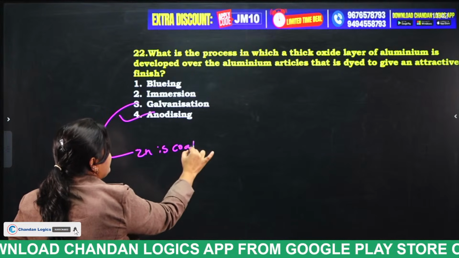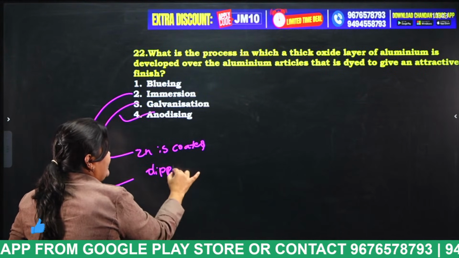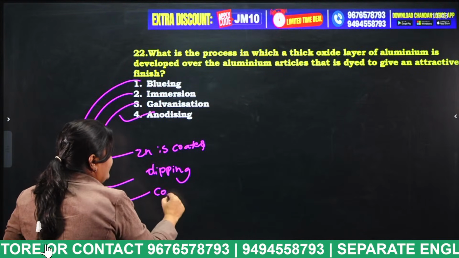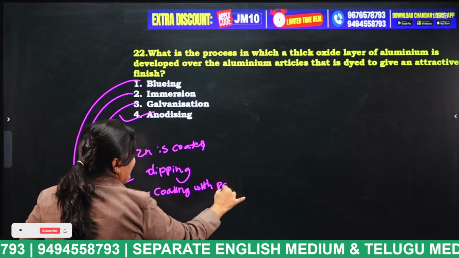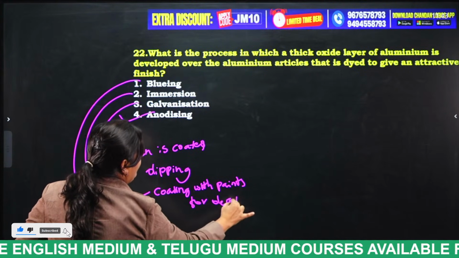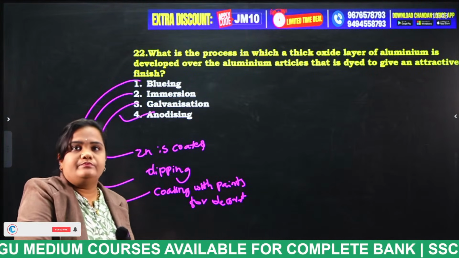Galvanization is nothing but zinc coating. Immersion is nothing but dipping in any liquid. Bluing is nothing but coating with paints for decorative purposes. For decorative purposes, we call it what? Bluing. Okay, very good.